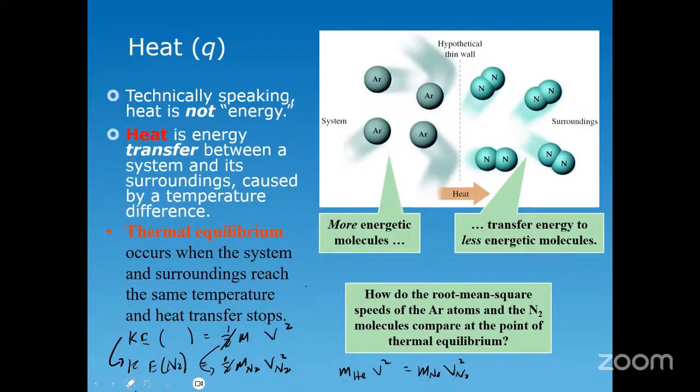So this would be argon here, and argon here, and this would be argon here, and argon here. Okay, so we're comparing the root mean squared speed of argon to that of nitrogen.